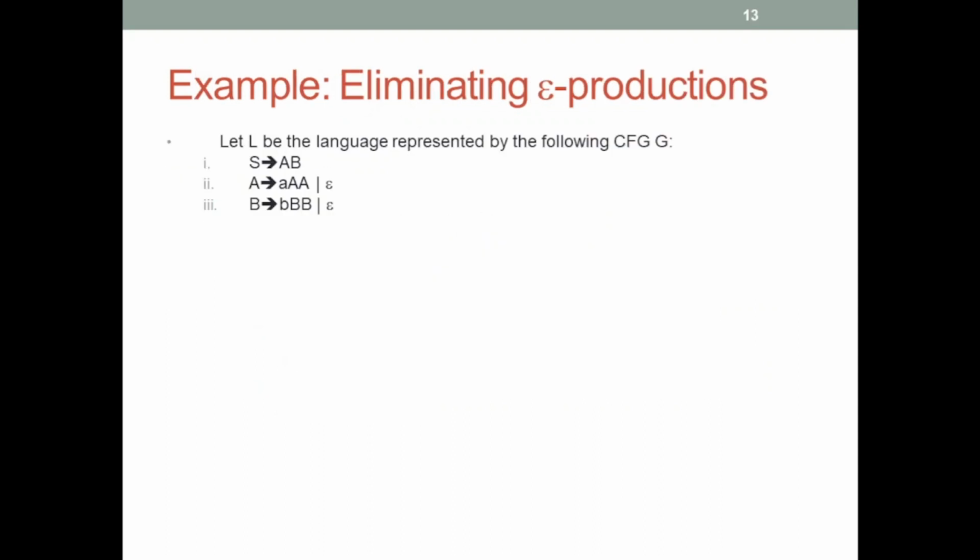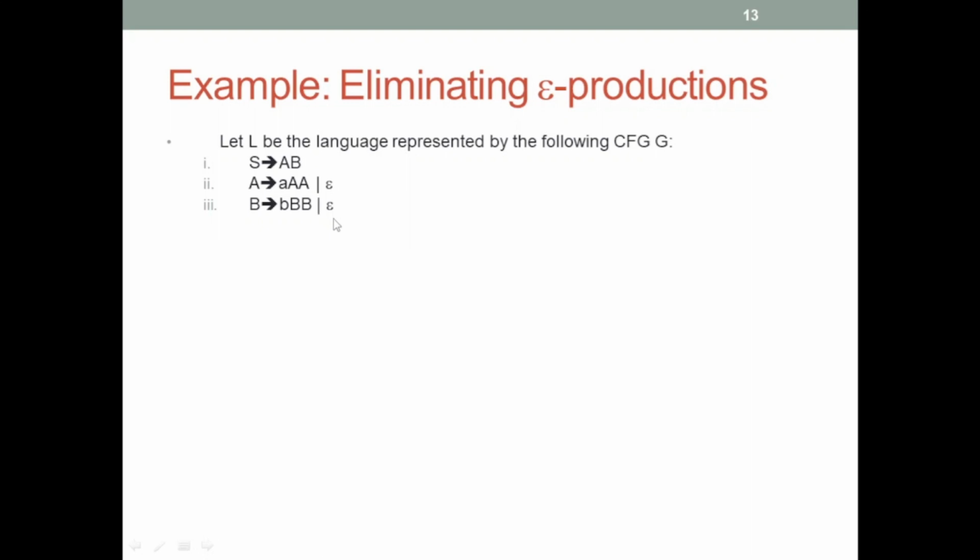Now you can see the example. Consider the grammar which contains three productions: S derives to capital A capital B, A derives to small a capital A and epsilon, B derives to small b capital B and epsilon.